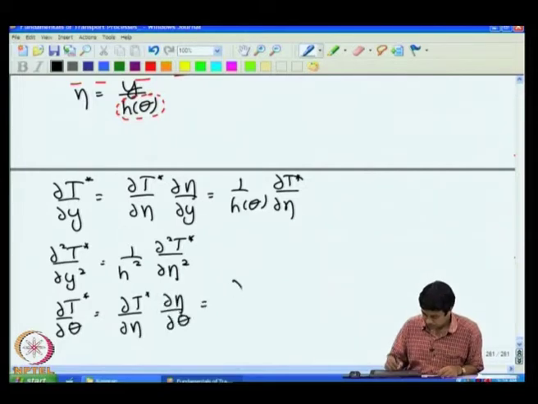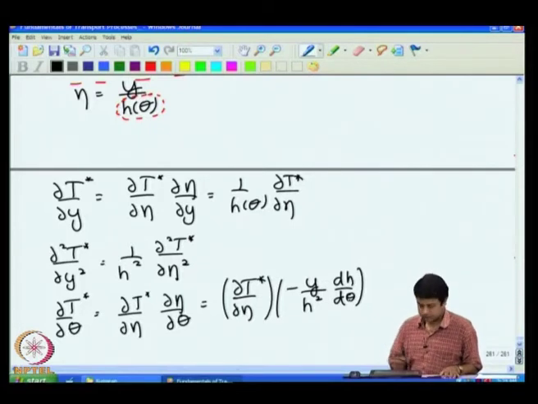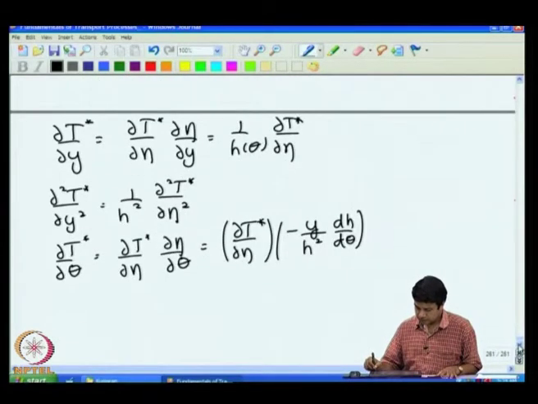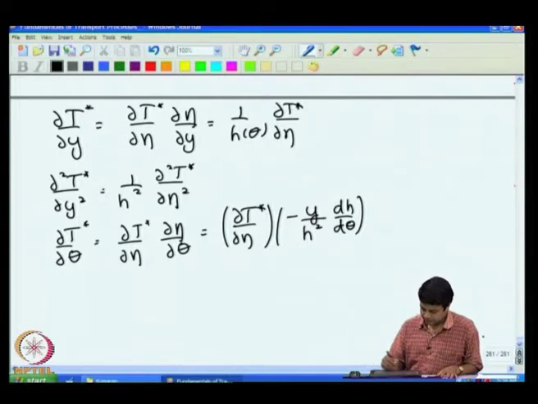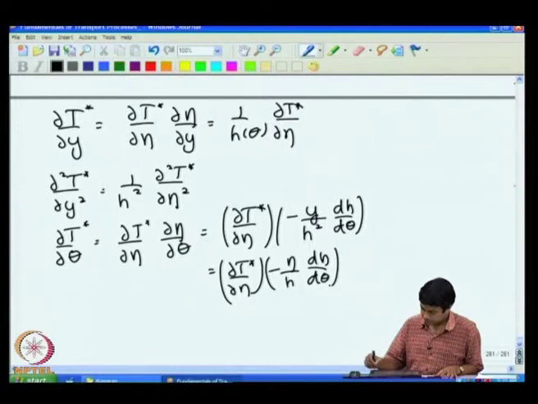It's equal to partial T by partial eta into minus y by h square dh by d theta, differentiating by chain rule. Which is equal to partial T by partial eta into minus eta by h dh by d theta.